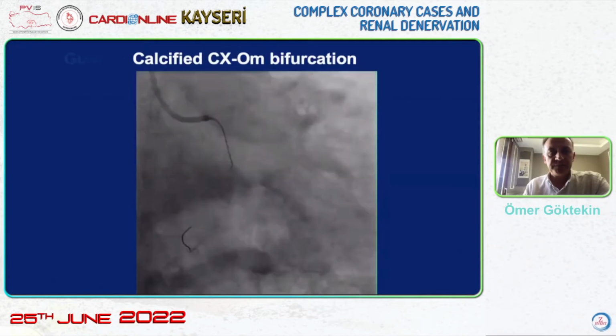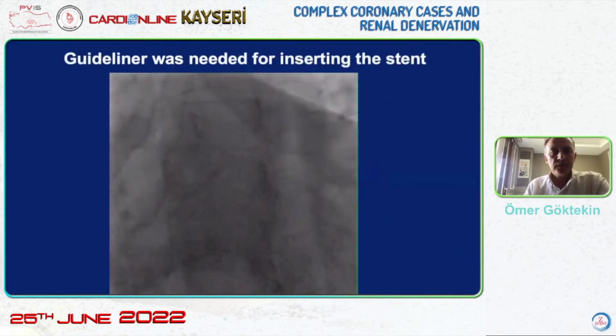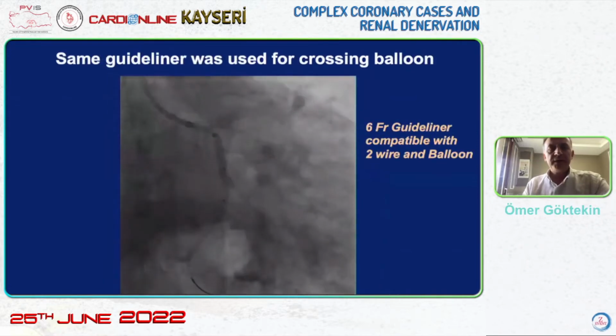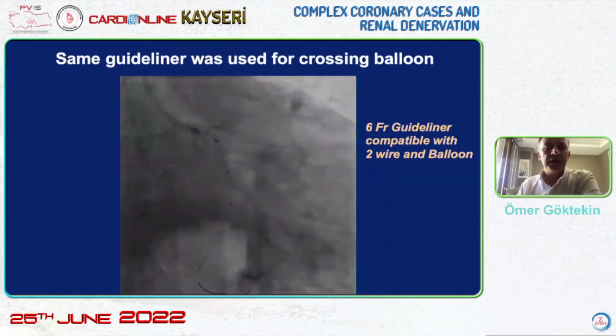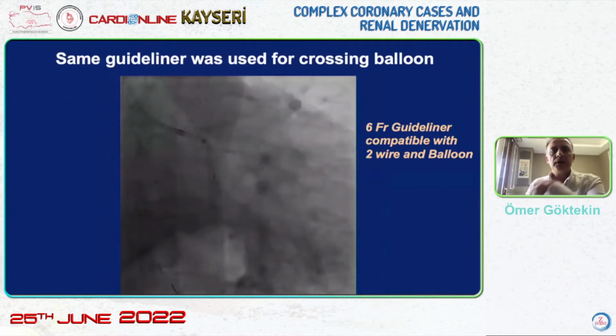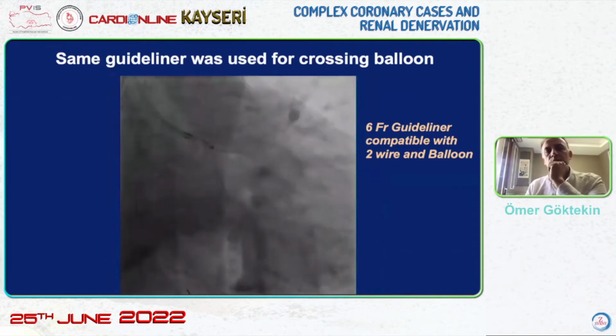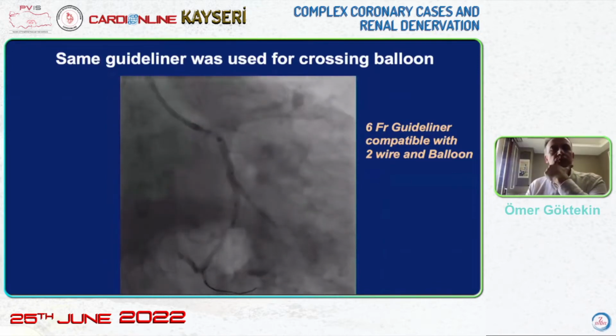There's the OM bifurcation. We use guide extension for the stent. With the 6F guideliners, we use 2 wires and we make kissing.